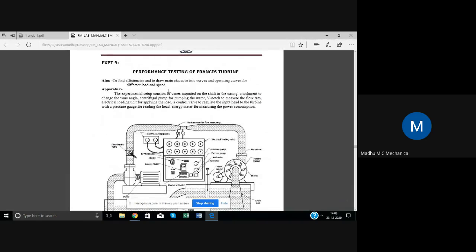Why I showed you the geometry of Pelton turbine and Francis turbine is because they're going to ask you the differences between these two turbines in the viva of your practical exam. That's why you have to be prepared for that.